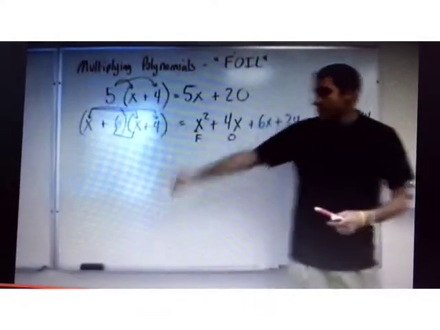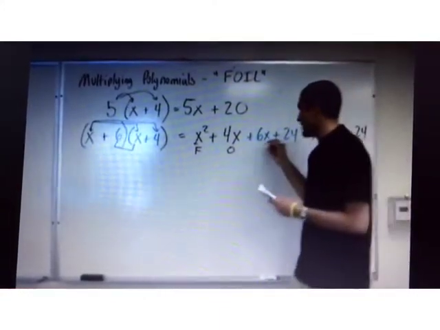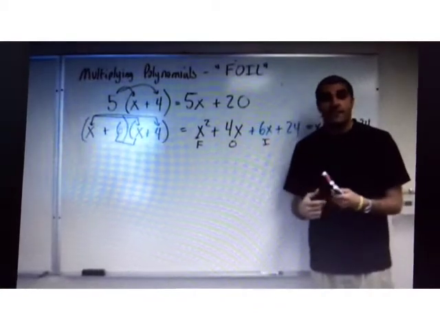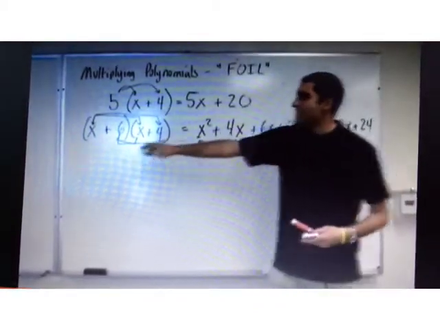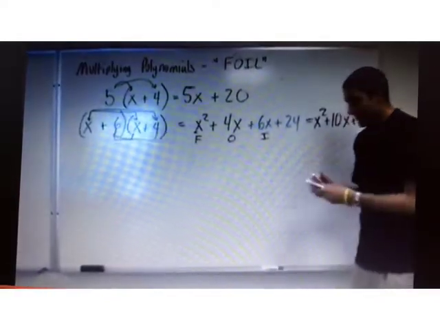Notice 6 and x are both on the inside. So multiply those two. That's I. And finally, L stands for, yes? Last. Last, good. So that's 6 and 4 are both the last terms in these two sequences. And that gives us 24.